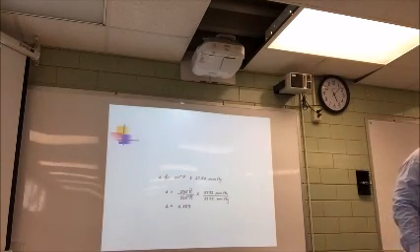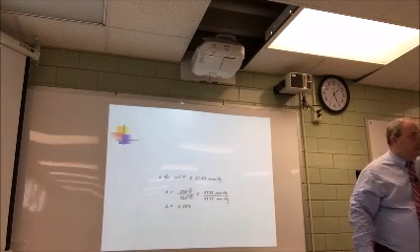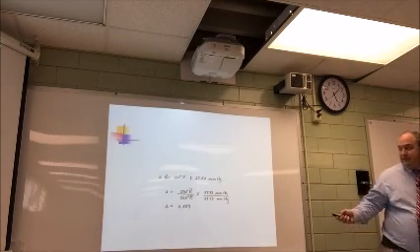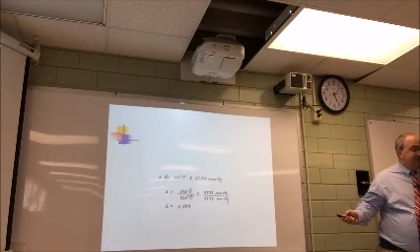So, here's your example. What is the density at 100 degrees F at 27.82 millimeters of mercury? So first question, is that less than or equal to the normal pressure? Is that less than 29.9? It is less than.